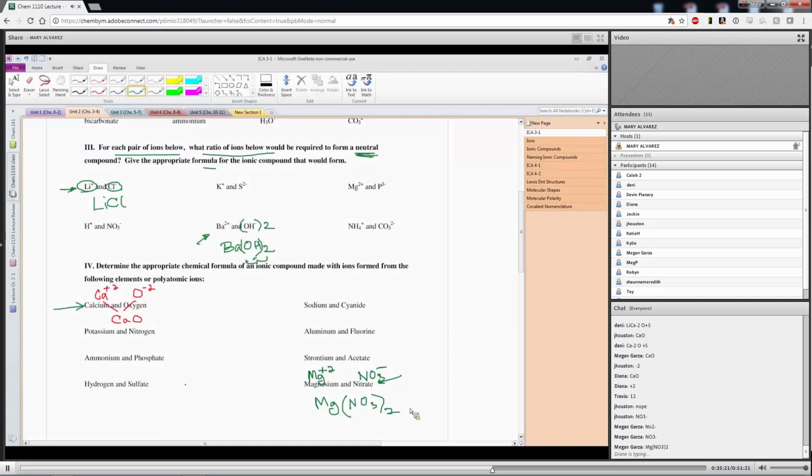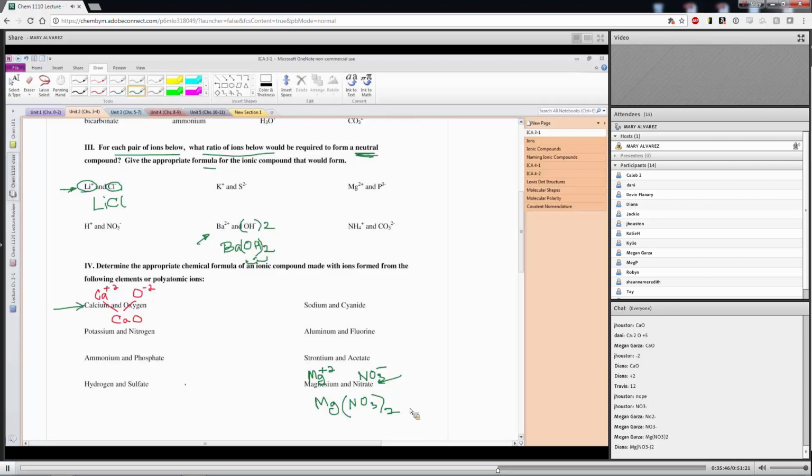And I have to make sure, because that's a polyatomic ion, that if I've got more than 1, I'm going to put it in parentheses so I know that there's 2 of that whole thing, right? Because if I didn't have parentheses, it might look like N1 nitrogen with 32 oxygens if I'm not careful, right? That would be terrible. That's not at all what we mean. Excellent.